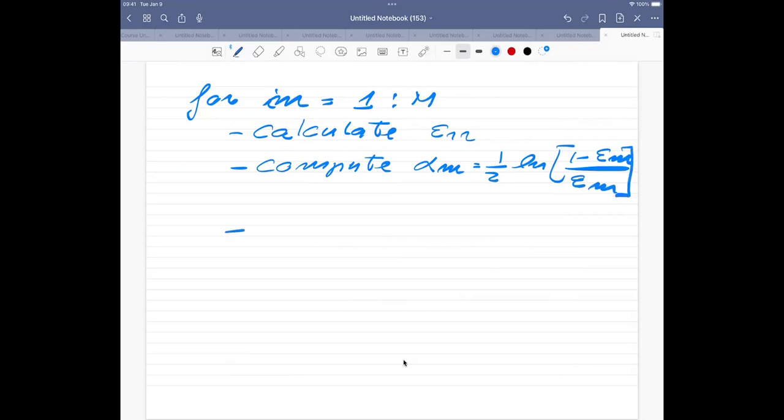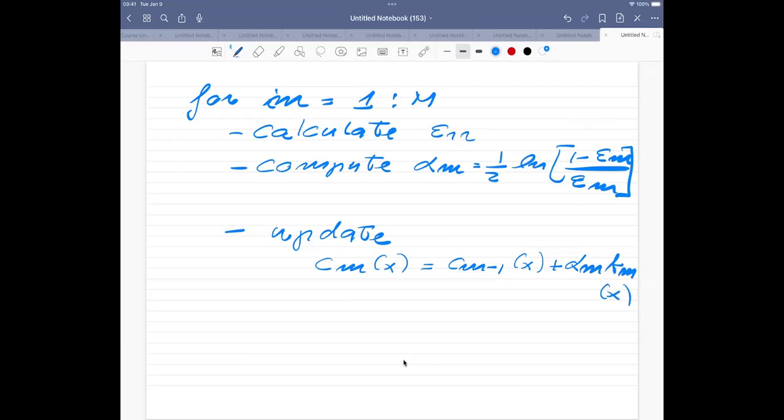Then the next step is to update this C_m(x), which is equal to C_(m-1), the previous value, plus this alpha_m multiplied with b_m, which is a function of x here.